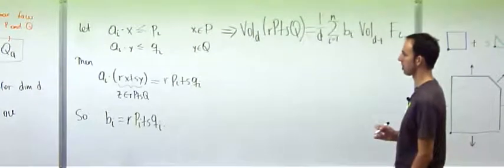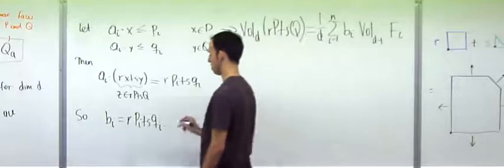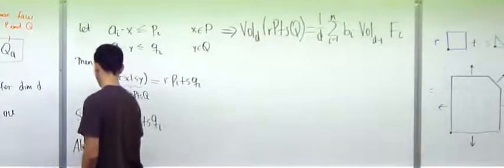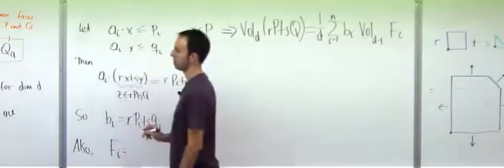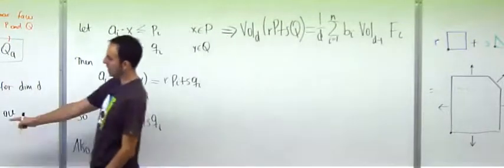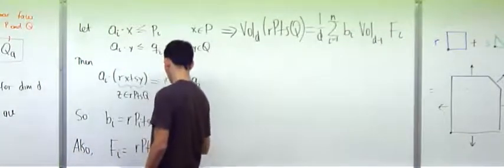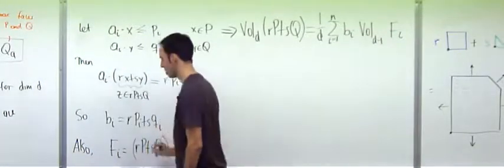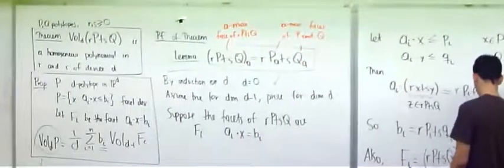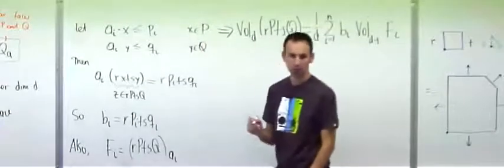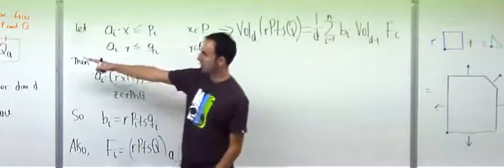Now, the other thing that you should notice is, what is F_i? Well, by definition, F_i is the face of rP + sQ where the linear function a_i is maximized. And this is when I'm going to use this lemma.